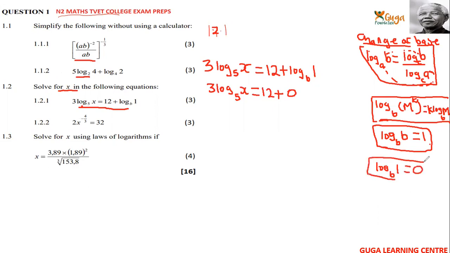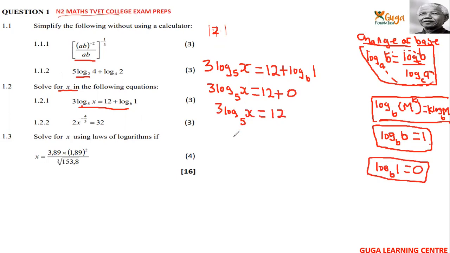Also take note of this rule. Are we together? Now you have 3 log base 5 of x equals 12.